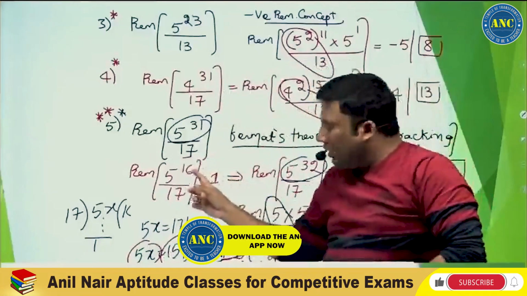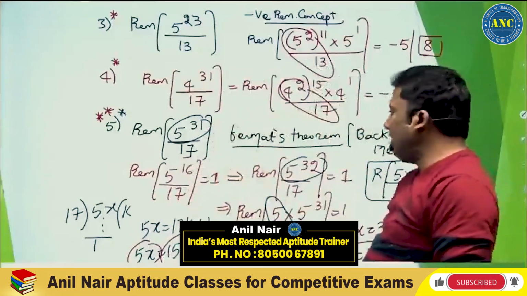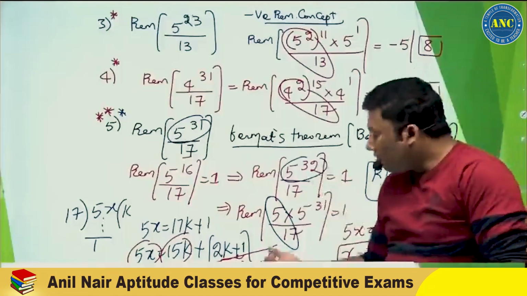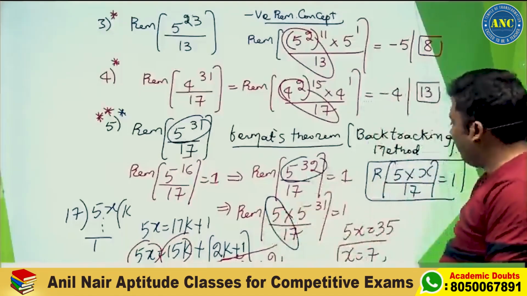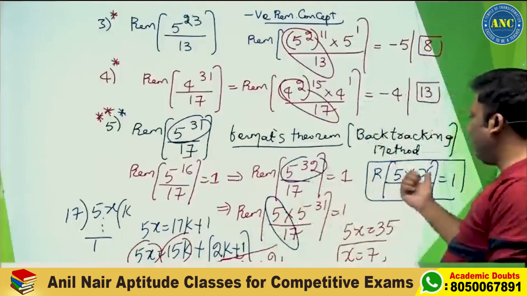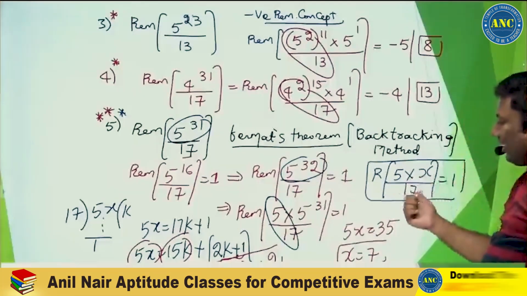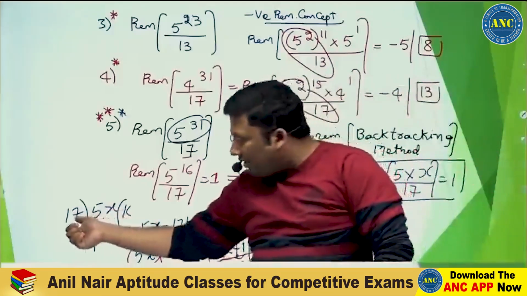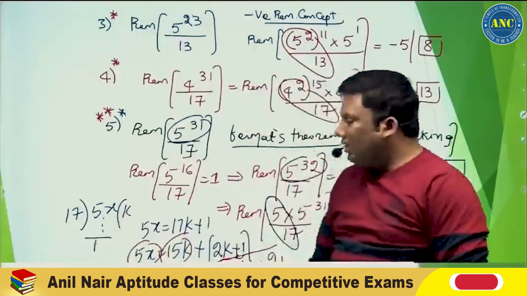5 power 16 divided by 17 is 1. The multiple of 16 is 32. I want 5 power 31. 5 into 5 power 31 by 17 is 1. 5 power 31 by 17 is x, so 5x divided by 17 is 1. 5x is the dividend, 17 is the divisor, quotient is k, remainder is 1.